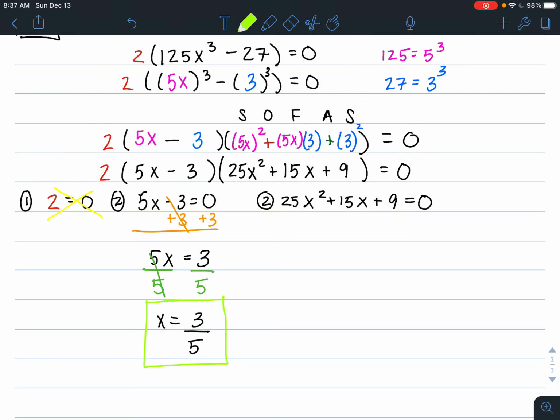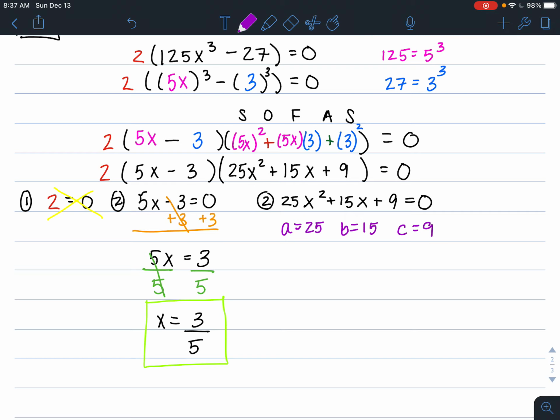Okay, so we have one of our answers, and we know this is a cubic problem, so we should be finding 3 answers. So the other 2 are going to come out of our quadratic. So A in my quadratic is 25, B is 15, and C is equal to 9.